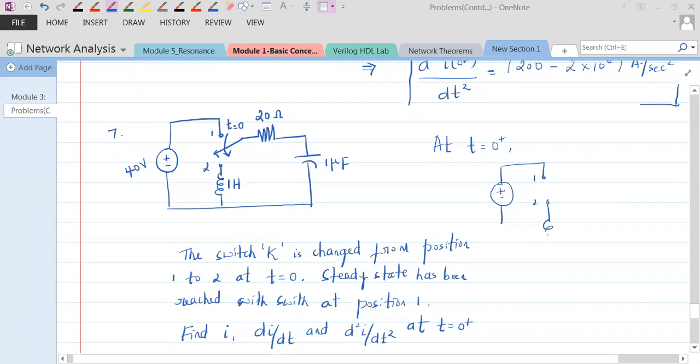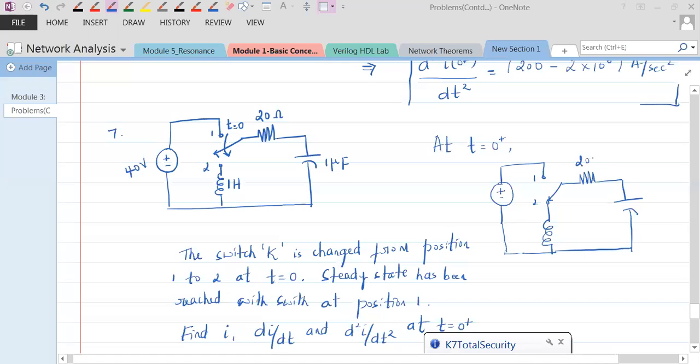Now at t equal to 0 plus, L needs to be considered. The switch is at position 2. Capacitor, let's write it as capacitor only. This is how the circuit is going to look like. This is 20 ohms. This is 1 Henry, and this is 1 microfarad.